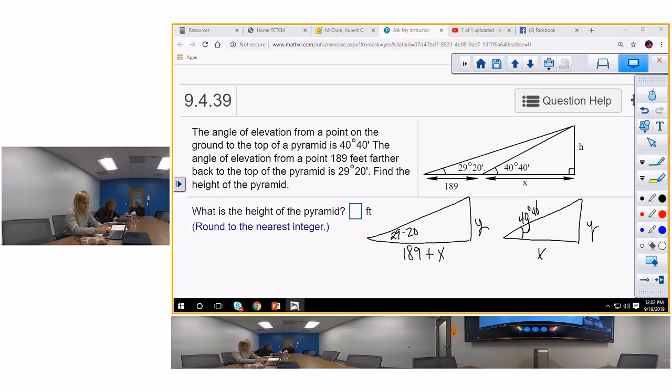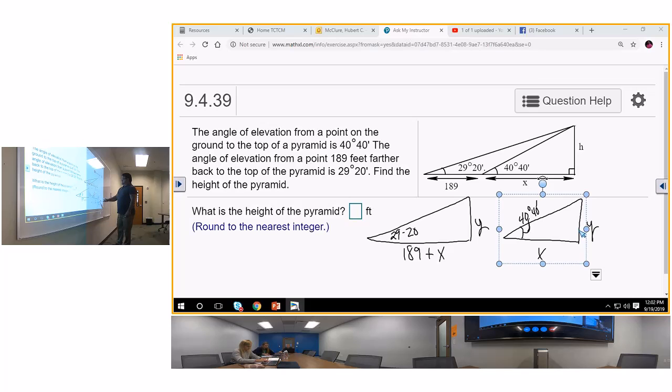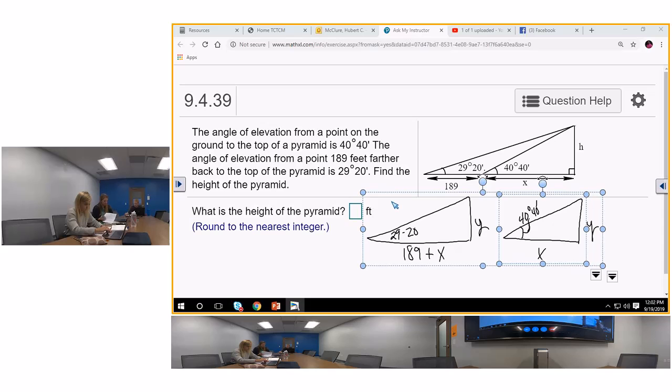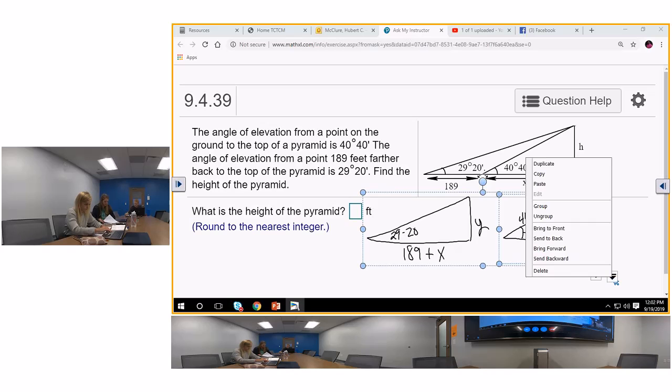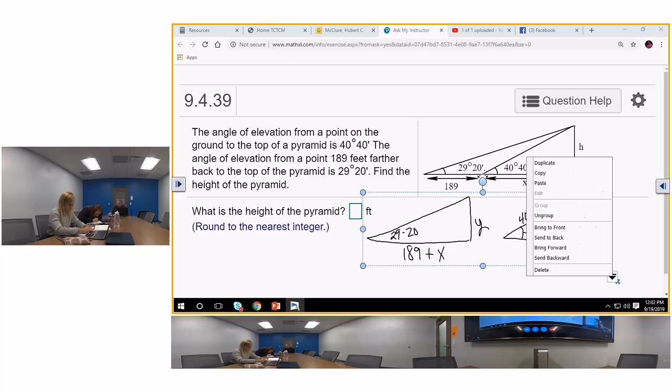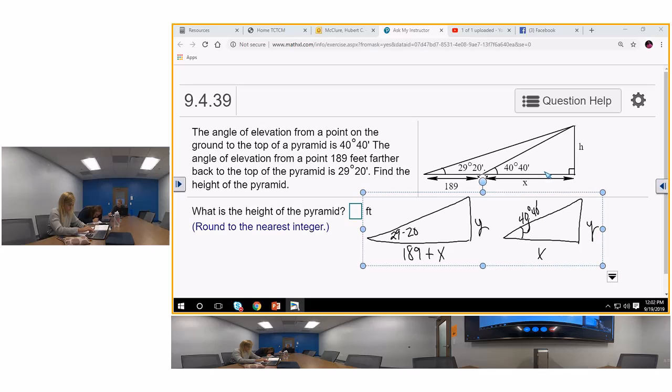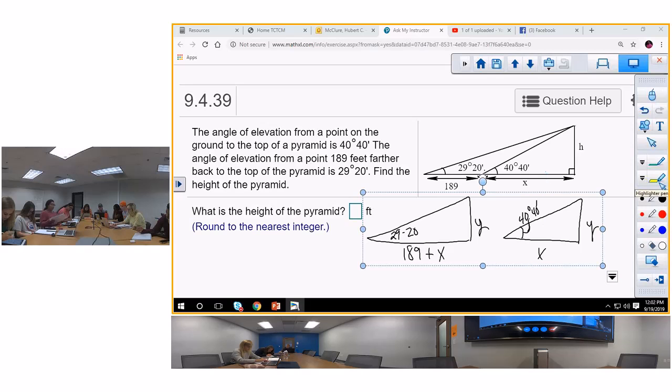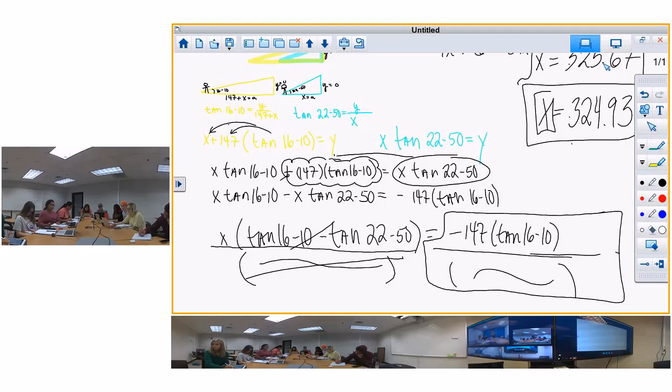So let's see if I can copy this. There we go. Group. Copy. Whiteboard.